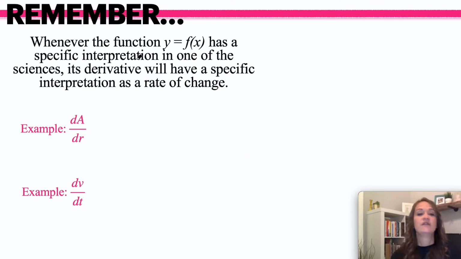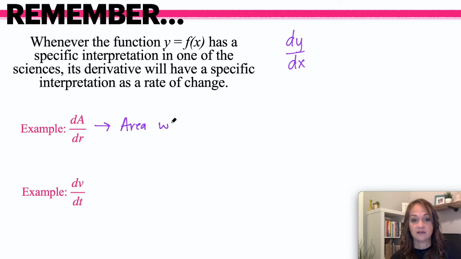So remember, whenever a function has a specific interpretation in one of the sciences, its derivatives will have a specific interpretation. What we have discussed so far is dy over dx, which is y with respect to x. But anytime you're in the sciences, you will have specific interpretations. So for example, this would be the area with respect to the radius if you're discussing something that has to do with a circle.